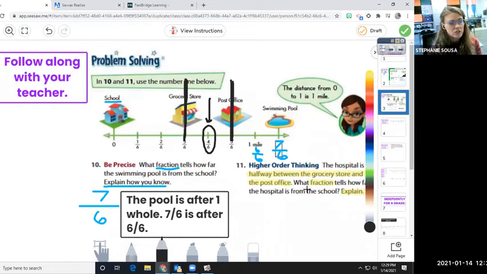So what fraction tells how far the hospital is from the school? The school's back here. It is 1, 2, 3, 4, 6 from the school. So what fraction? The fraction is 4/6.